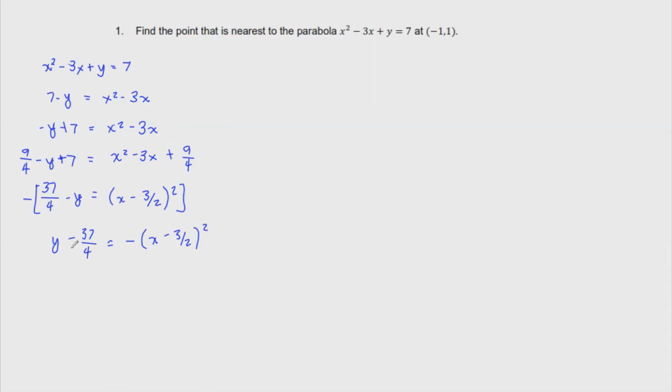Okay, so this is the standard form of our parabola, opening downwards kasi negative to, with a vertex at 3 halves, and then 37 over 4. So positive sila kasi since this is x minus 3 halves, so if you set that equal to 0, then makukuha natin yung values ng ating x and y for the vertex.